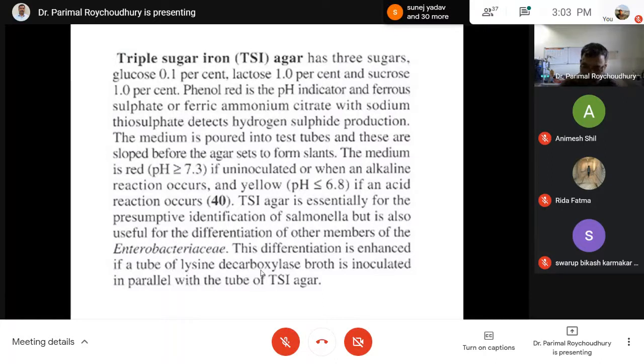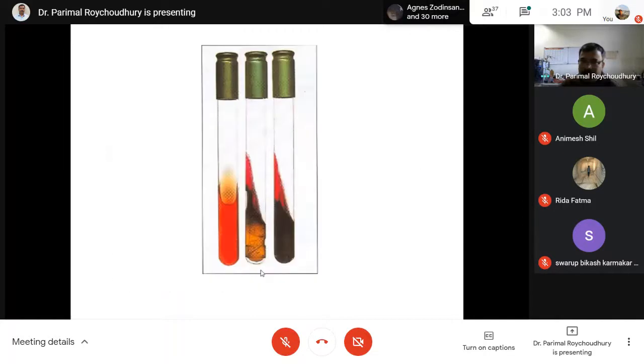So what happened in the uninoculated tube, which usually remains in an alkaline state, is it is red in color. This is the uninoculated TSI agar tube. Certain organisms can grow here, and this medium is prepared in the form of a slant.